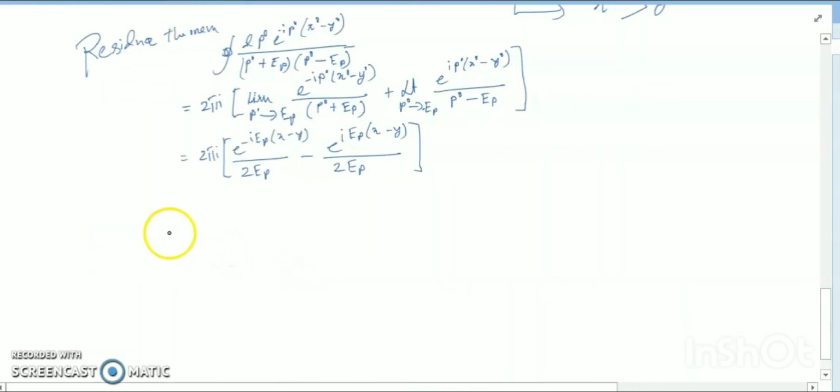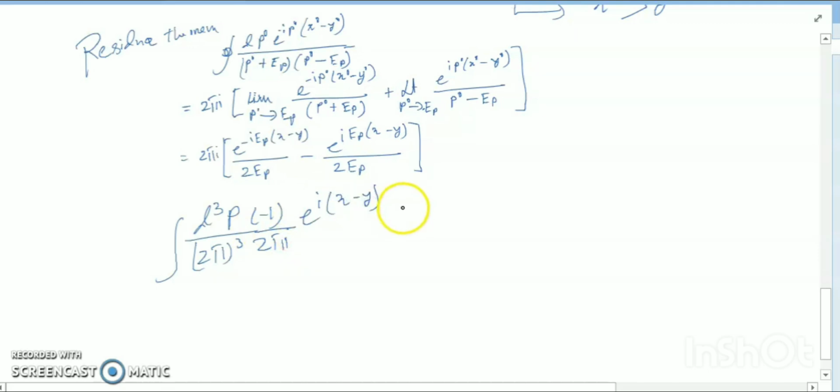So we get the integration d³p by (2π)³ into −1, 2π i into e to the power i p·(x − y).